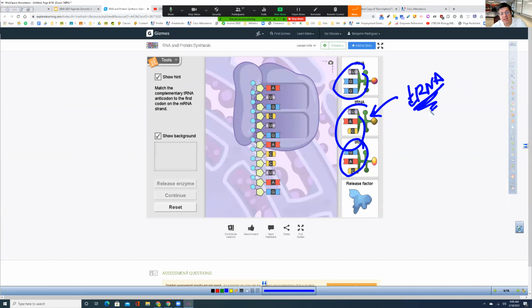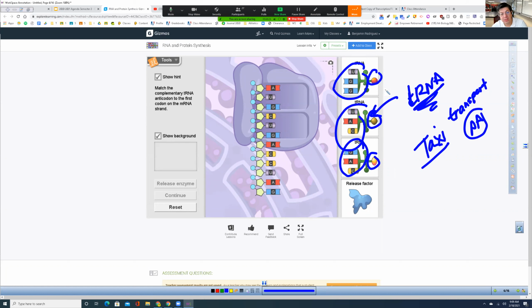tRNA. Basically, think of it like a little taxi. And what do taxis do, Aaron? They drive you places. They transport you, right? That's what the T stands for, transport molecule. So these tRNAs are going to transport amino acids. And so each one of these guys is an amino acid.